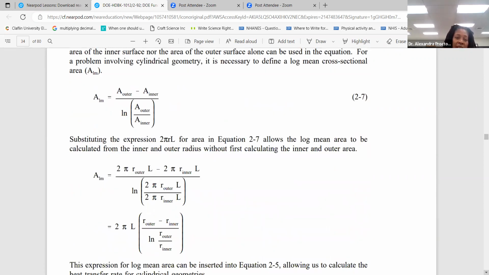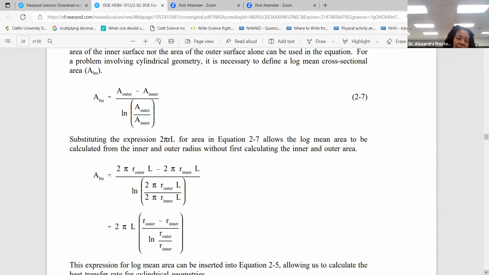So substituting the expression 2 pi RL for the area, equation 2.7 allows the log mean area to be calculated from the inner and outer radius without calculating the inner and outer area.